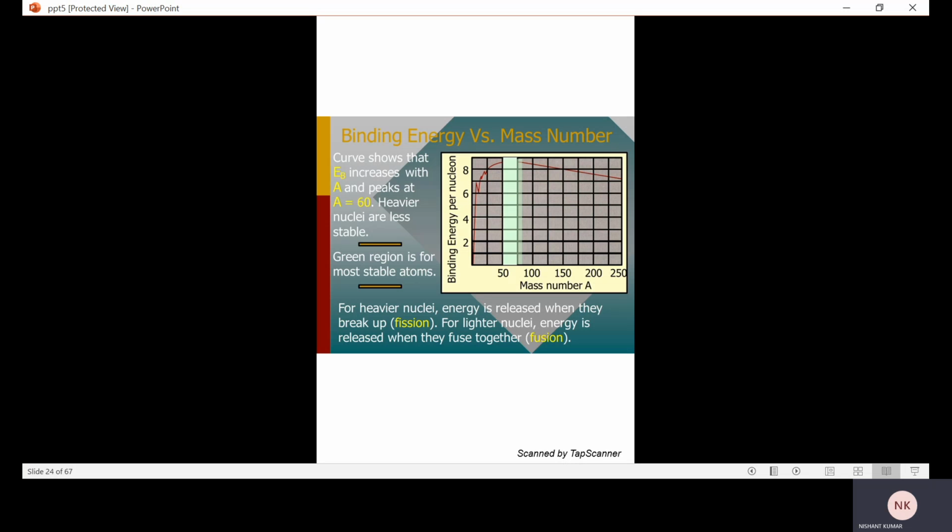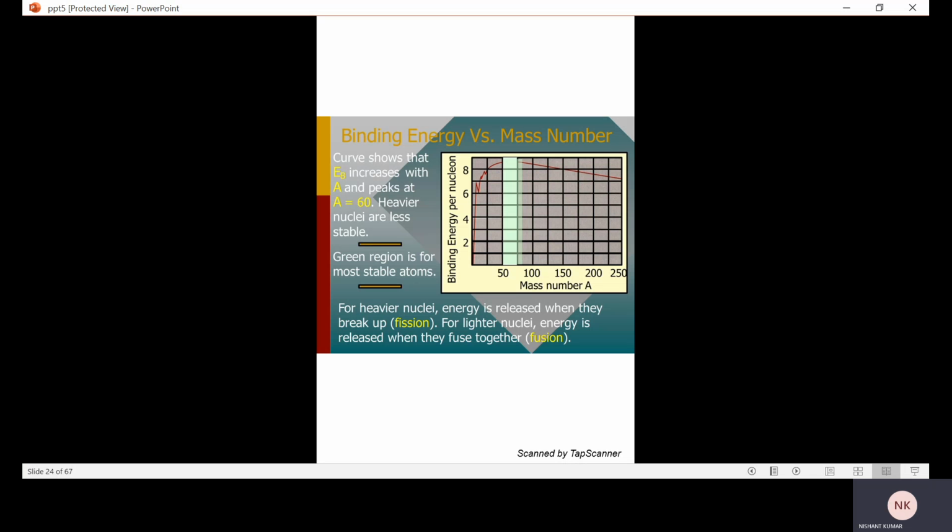The binding energy versus mass number. The given curve shows that E_b increases as mass number increases. Binding energy increases up to mass number 50 plus, just 50 more.